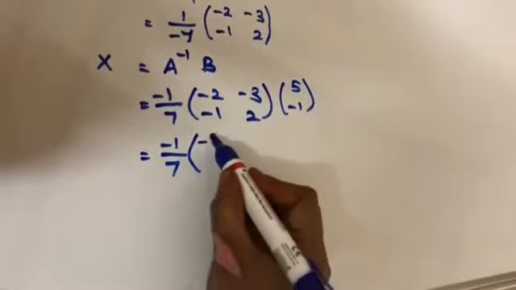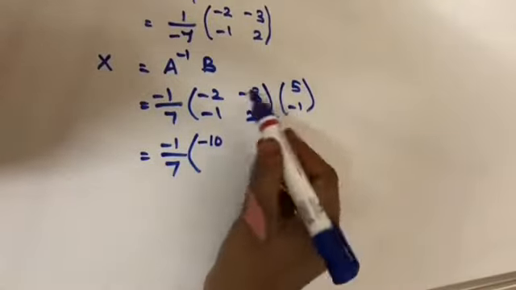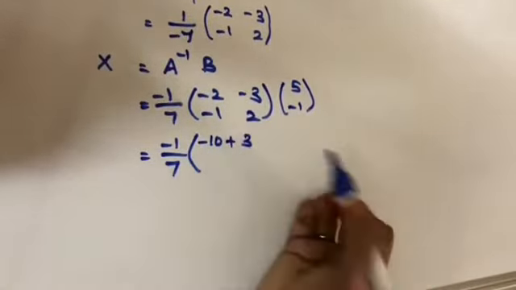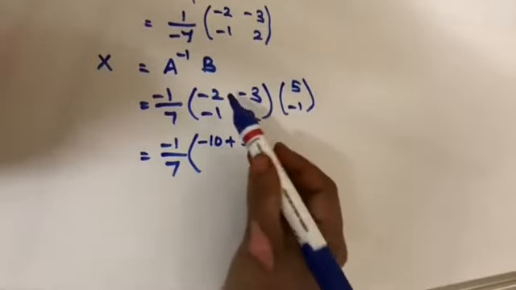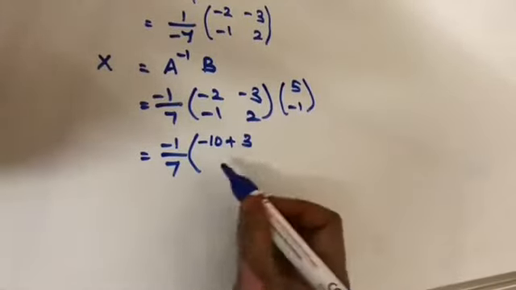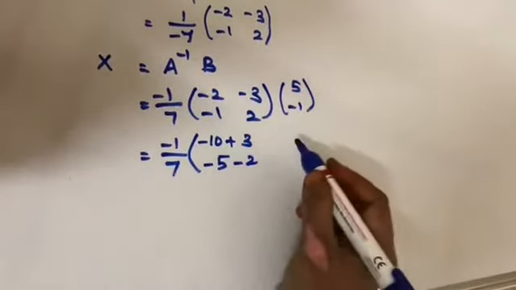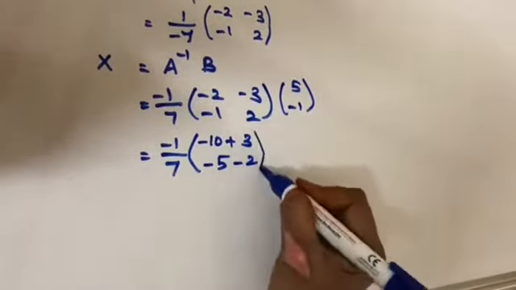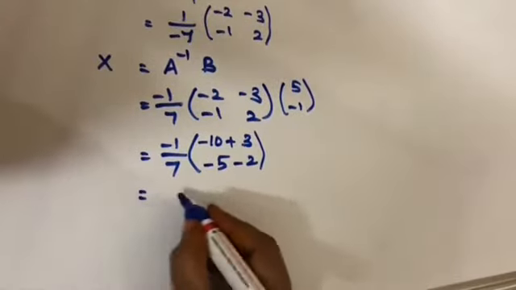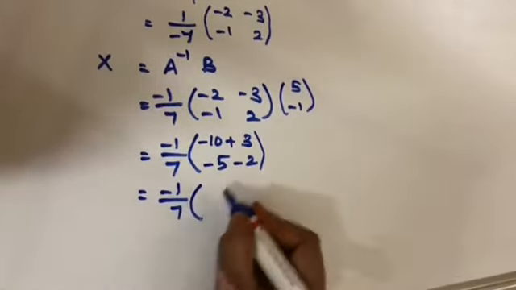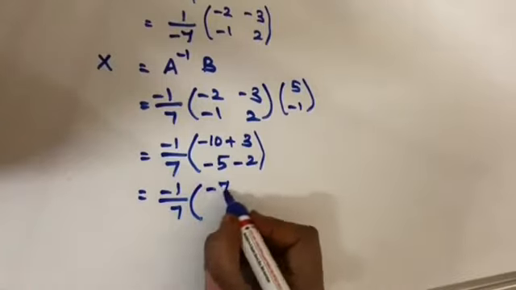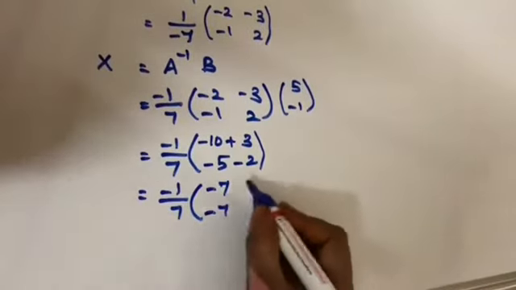So minus 10 plus 3. Okay. Similarly, minus 5 minus 2. So you get minus 1 by 7 into here minus 7 and minus 7.